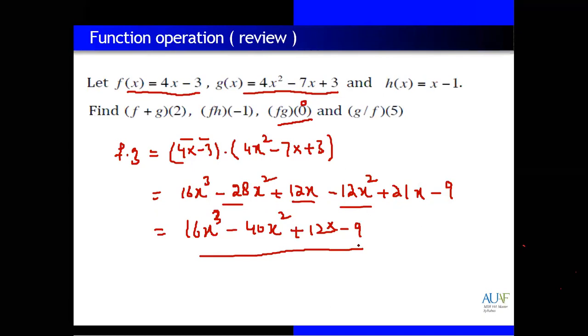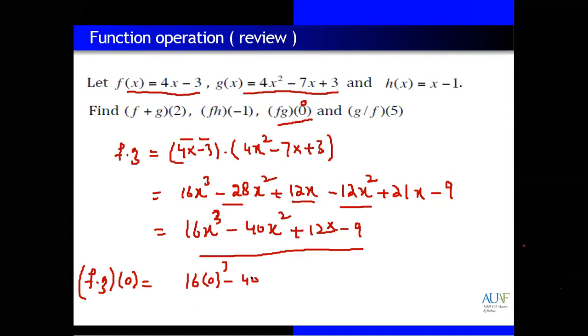So this is the final multiplication of two functions. Now if you want to find fg of 0, f multiplied with g of 0, you need to replace x with 0.